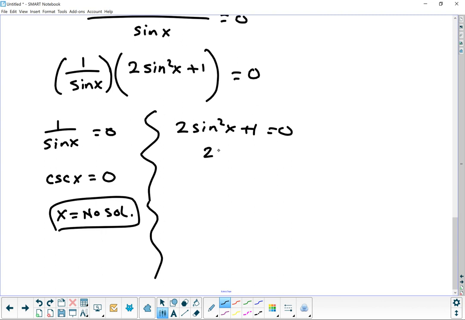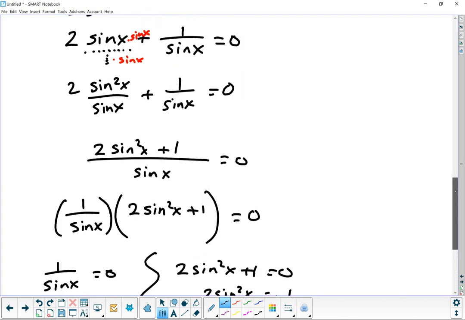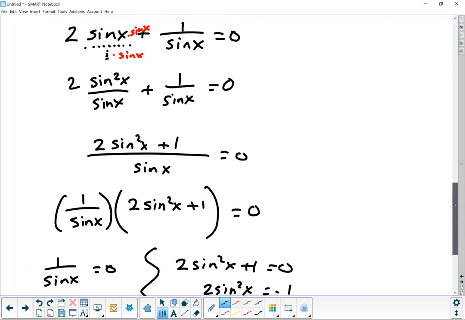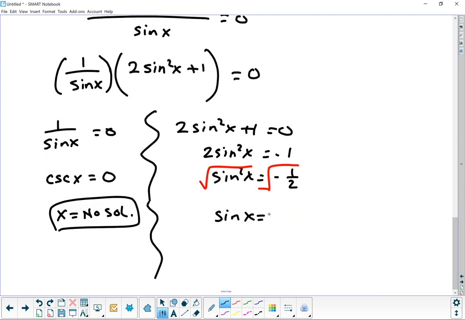Subtract 1. So 2 sine squared x equals -1, divided by 2. Sine squared x equals -1/2. Square root both sides. And you get sine x equals, let me double check, that should be a plus or minus. So the square root of -1/2, well, you can't do that.